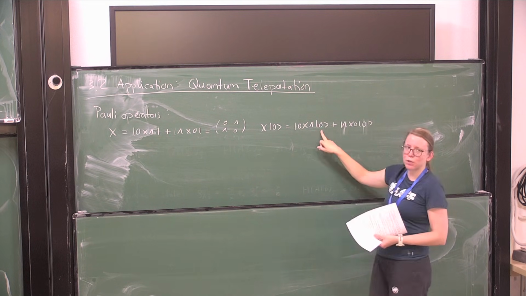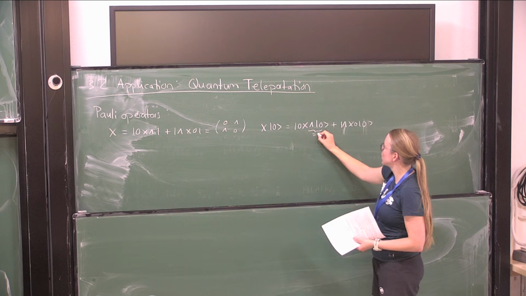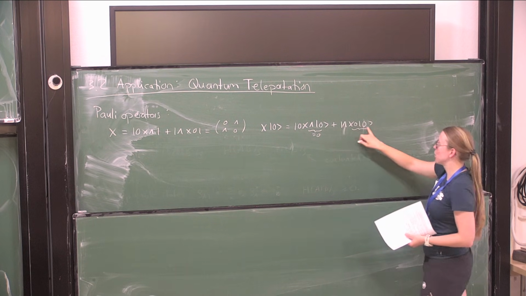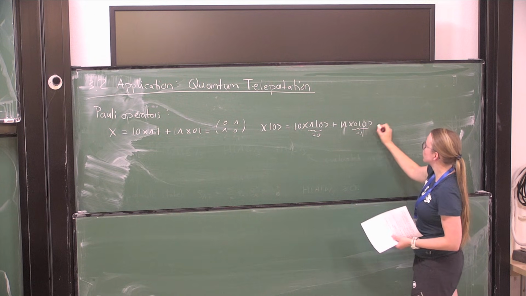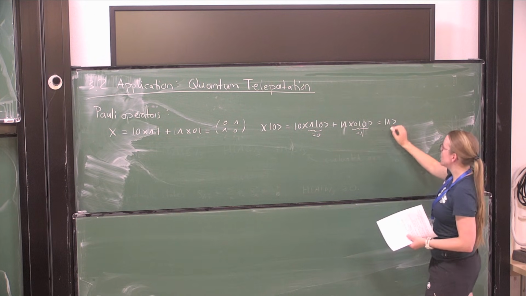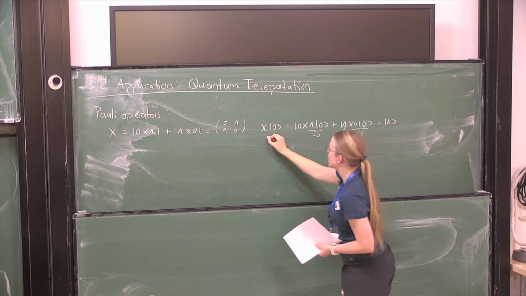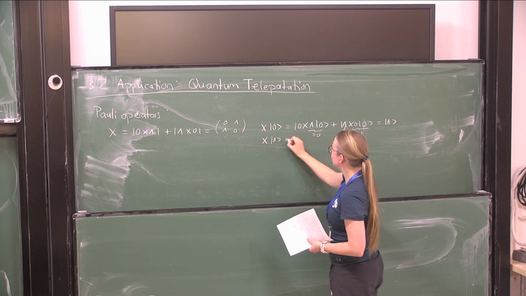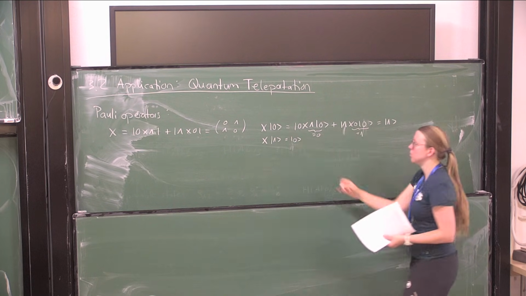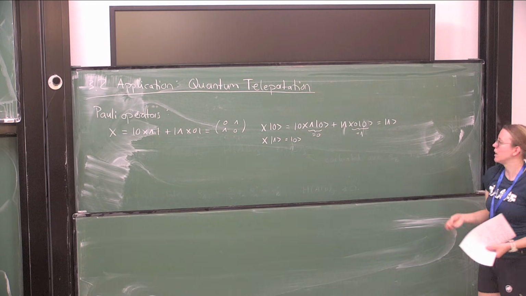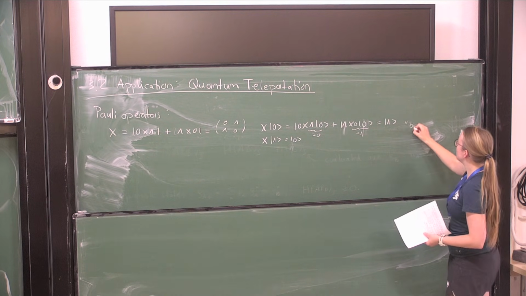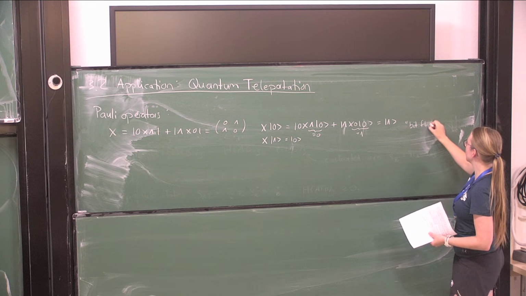Here we have a scalar product between 1 and 0, which is equal to 0. We have a scalar product between 0 and 0, so this is equal to 1. In the end, you get out the 1 state. It's the same if you apply it to 1: you get out a 0. So it just flips the state. So that is called the bit flip operator.